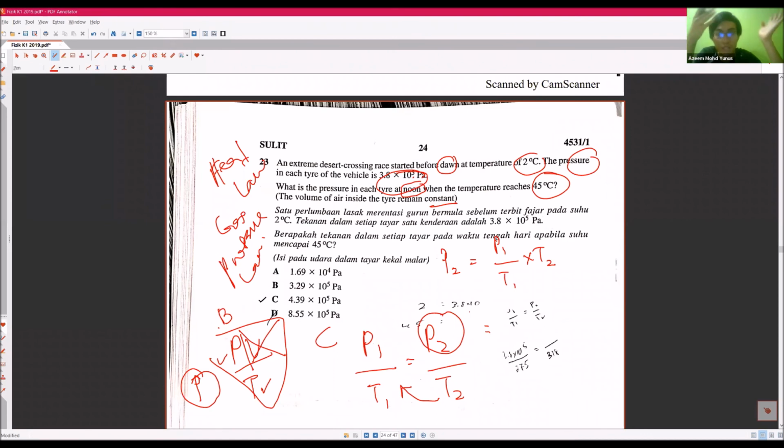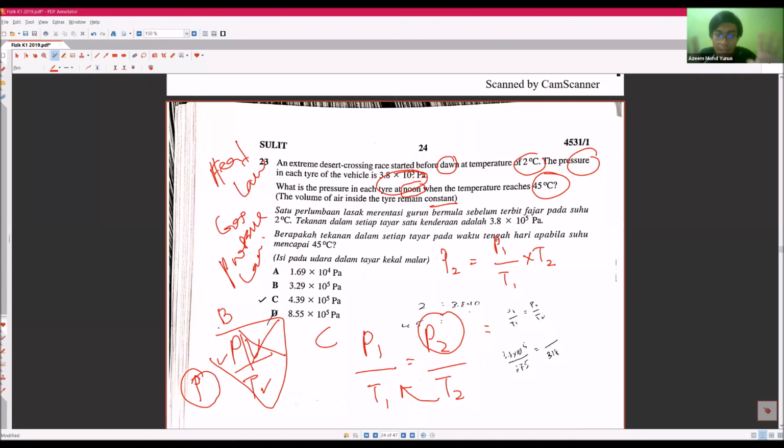If you don't change it into Kelvin, you also get the same answer. That's the special case of differences when we do subtraction. If the two units are the same, then the answer will be the same. But if we have a ratio, division, or multiplication, if we don't change the unit, it's going to be different.